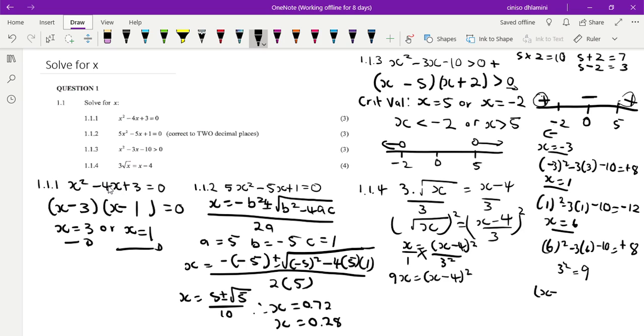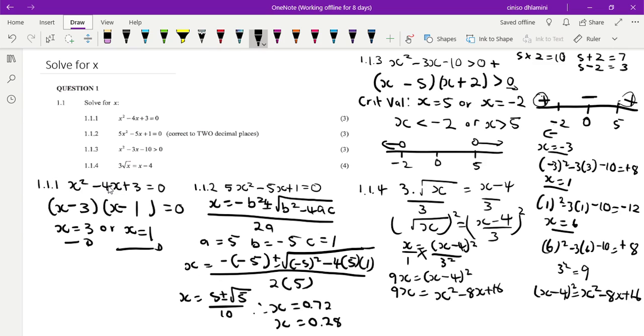But x minus 4, squared in this case, will give you x squared minus 8x plus 16. Check that. So you're going to have 9x equals x squared minus 8x plus 16.